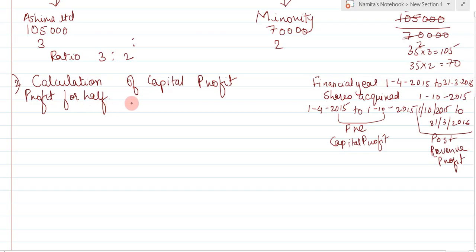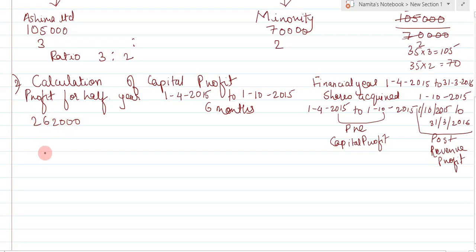So profit for the half year, 1st April 2015 to 1st October 2015. Why? Because on 1st October 2015 the shares were acquired. That means from 1st April to 1st October, total 6 months. So what is the profit for the year?